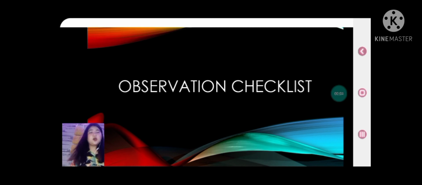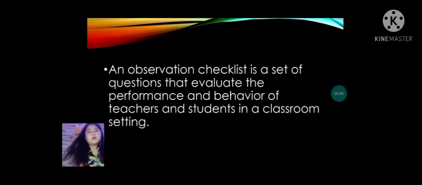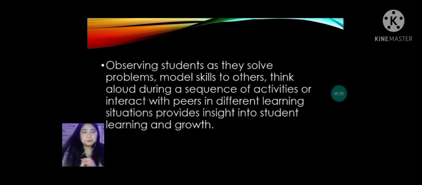So, next is observation checklist. So, what is observation checklist? Observation checklist is a set of questions that evaluate the performance and behavior of teachers and students in a classroom setting. So, observation checklist assists an observer to identify skill gaps and problem areas to further improve teaching strategy, classroom setting and student learning development.